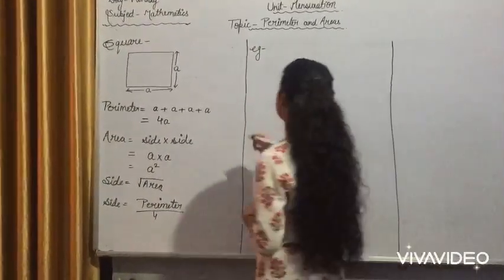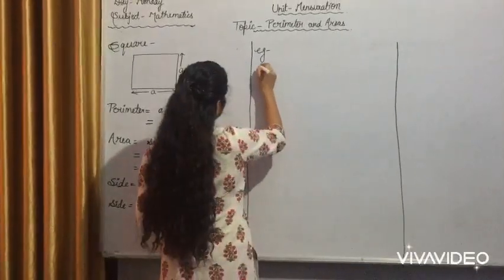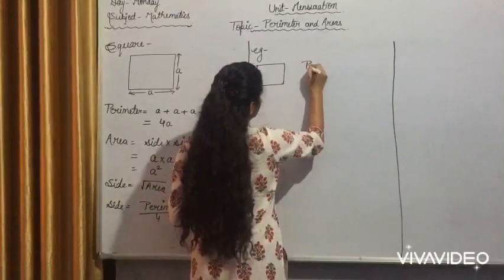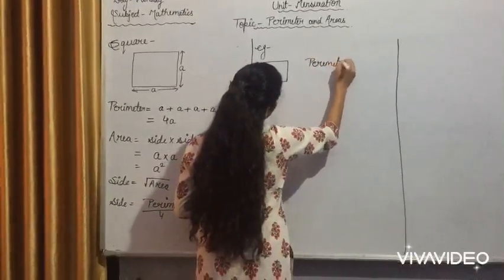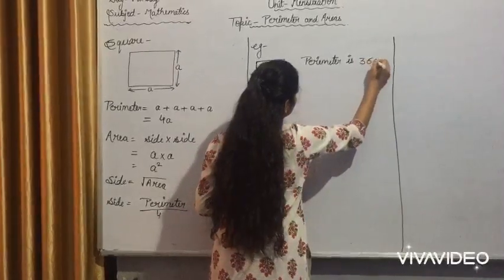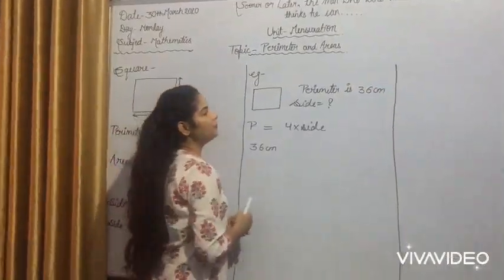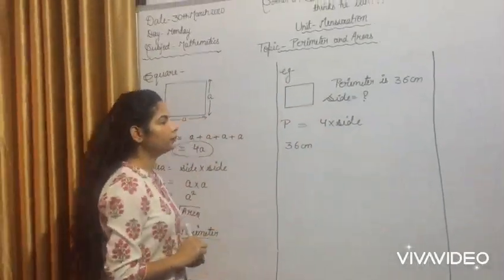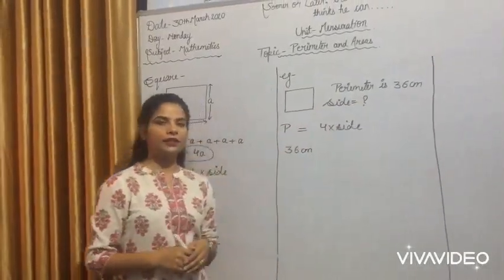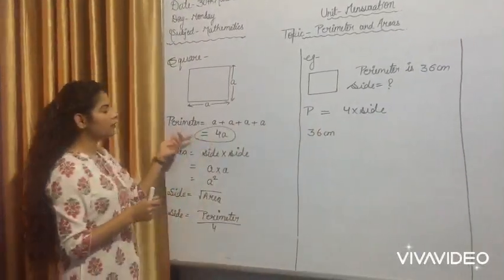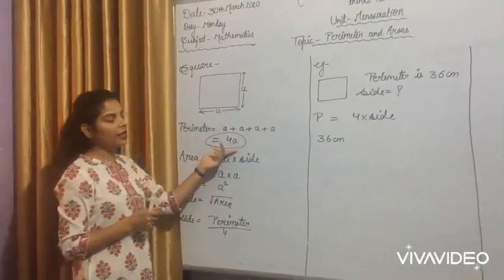The problem is, you are given a square whose perimeter is 36 cm. In this example, we have to find out the side of this given square, whose perimeter is given as 36 centimeter. Now we know the formula, that is perimeter is equal to 4 multiplied by side.